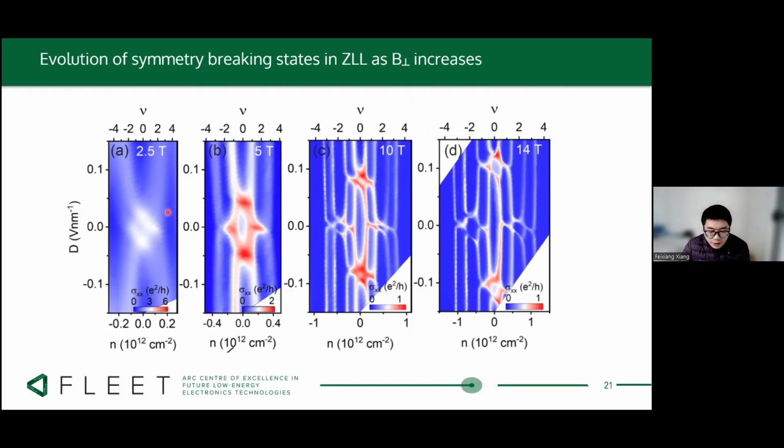At 2.5 Tesla, the Landau level is nearly degenerate at zero electric field and splits into two at high electric field.